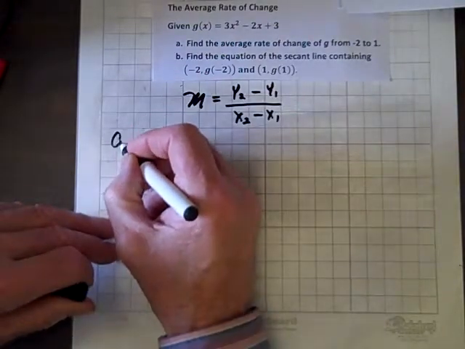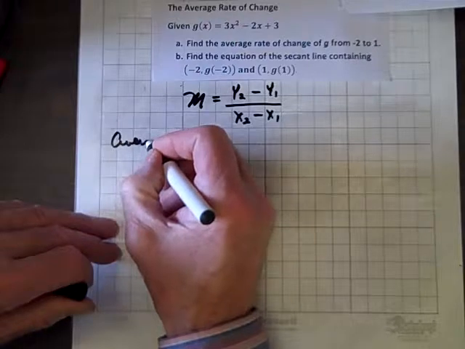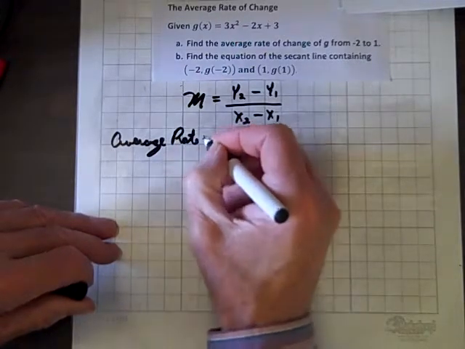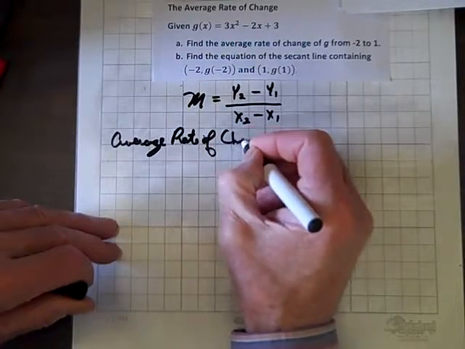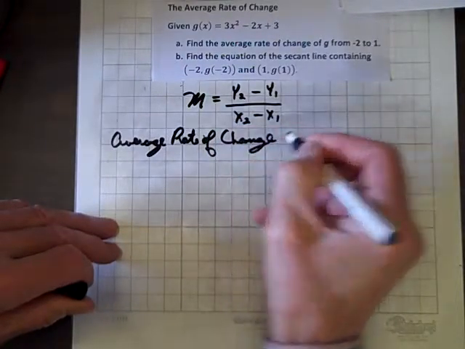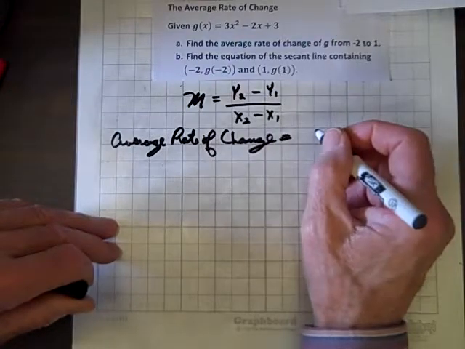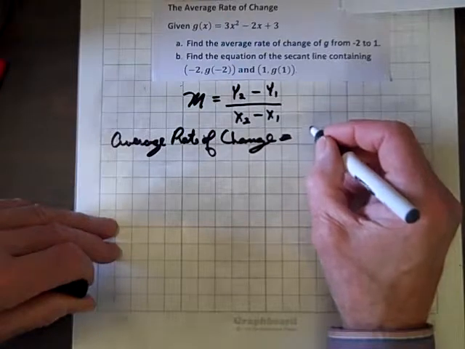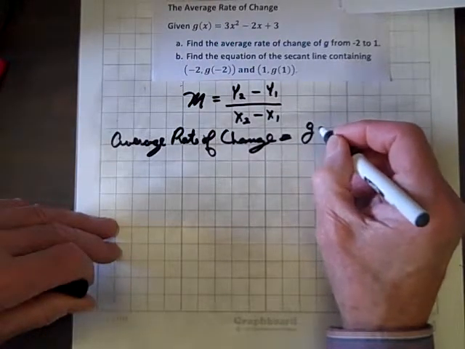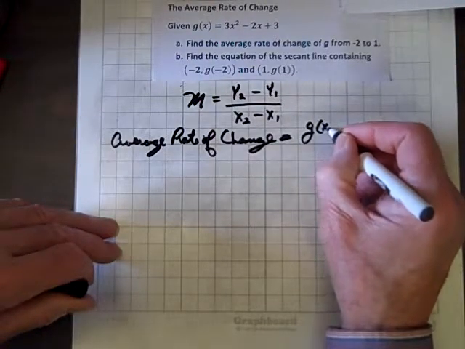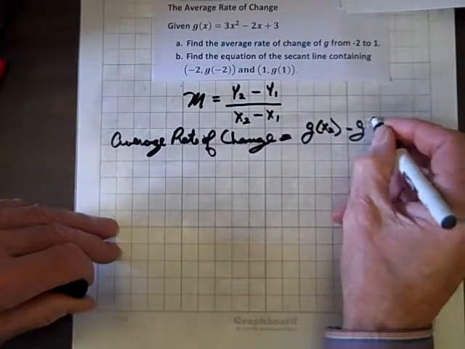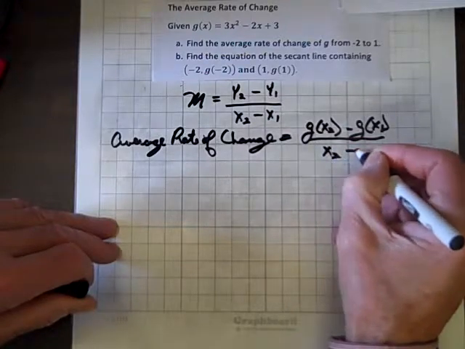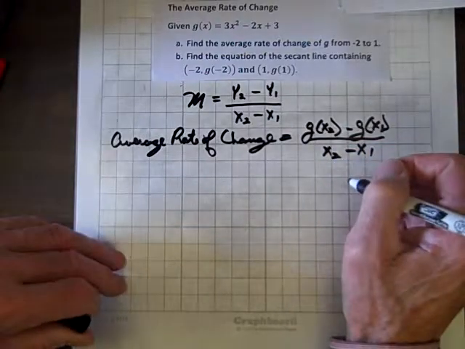So the average rate of change corresponds to the difference, in this case, g of x sub 2 minus g of x sub 1 all over x sub 2 minus x sub 1.